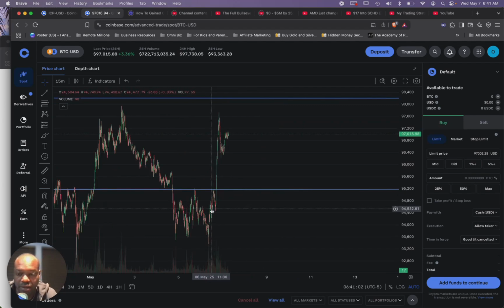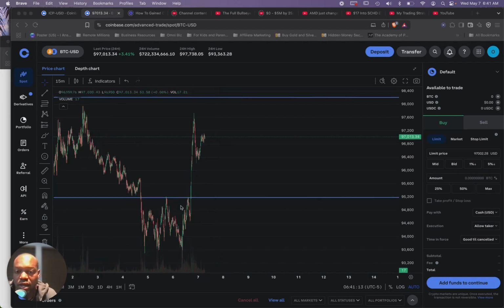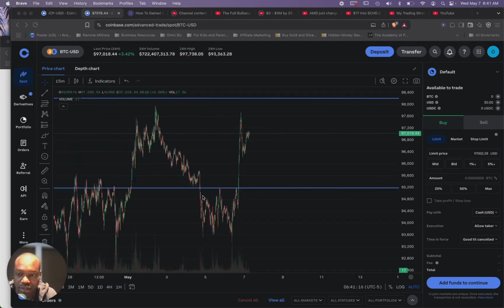At the bottom, as you can see, it says May 6th, 2025, 9:15, and I believe they do military time. I set up this support line at first, and then it became a resistance line, and then it became a support line again.